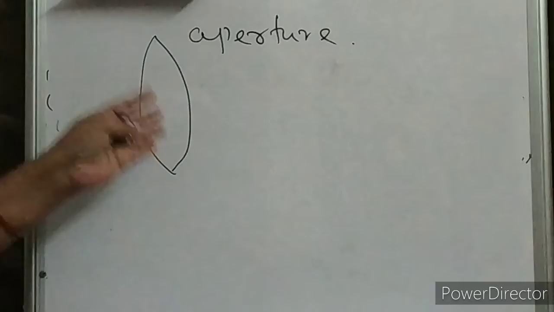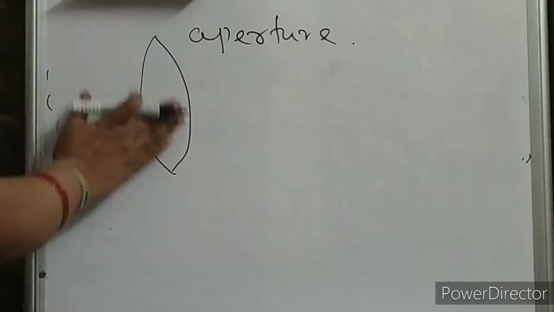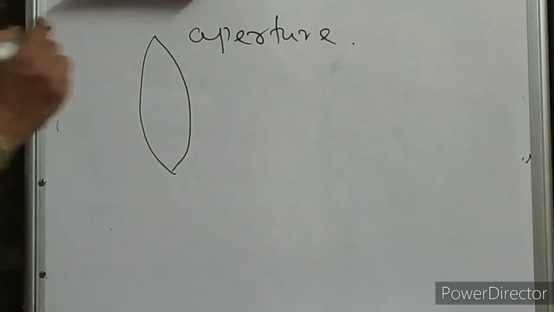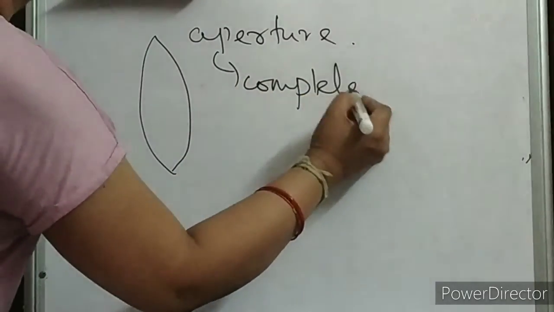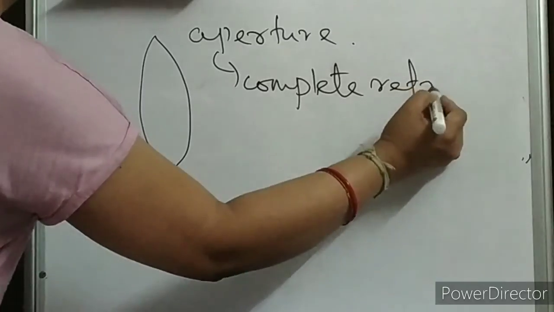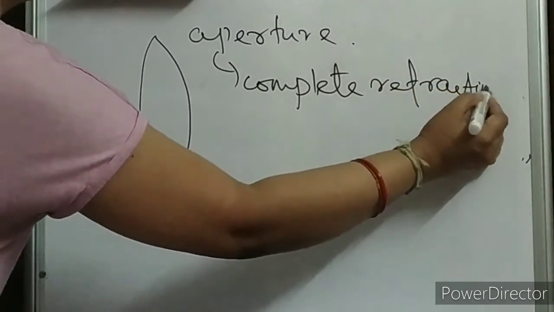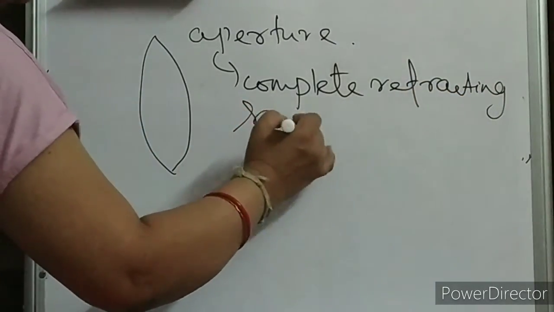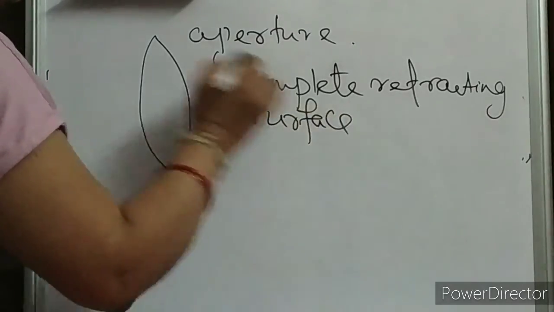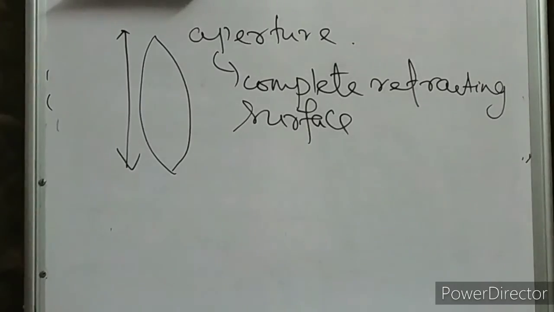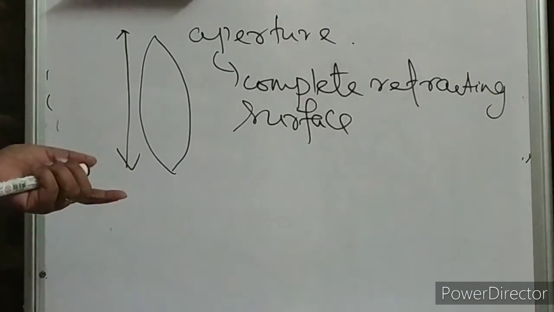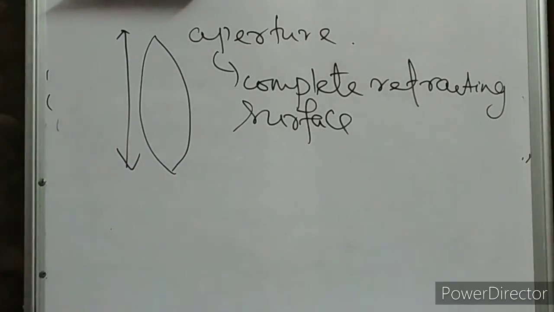Here it is nothing but the complete refracting surface. The complete refracting surface is known as the aperture. This entire thing is your aperture. Clear? So these are the components or terms related to spherical lenses.